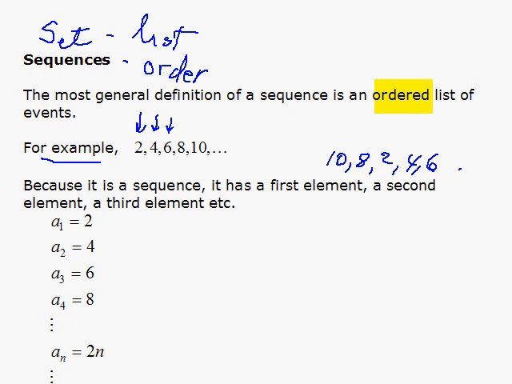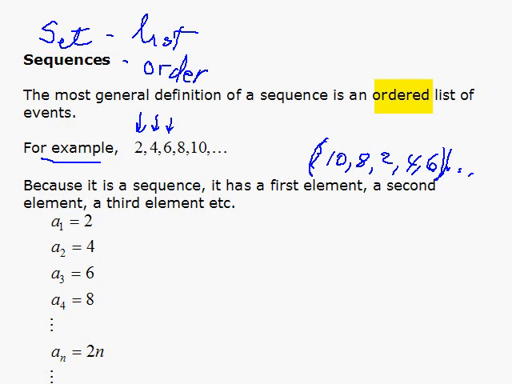The 3 dots means it goes on forever, but even if it was just those 5 numbers, if it was in a different order, it would be a different sequence. So a sequence has an order to it.